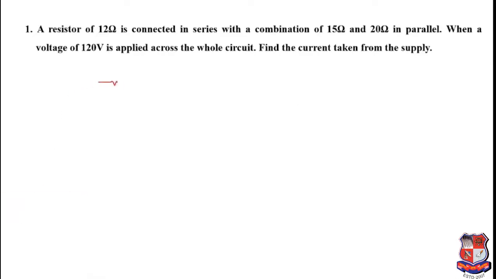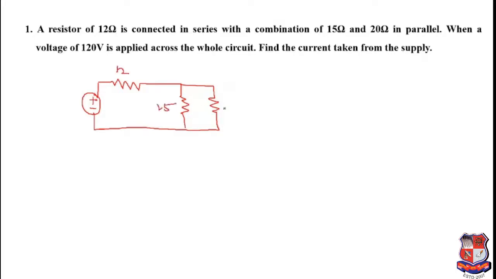There is a 12 ohm resistance connected in series with 15 ohm and 20 ohm in parallel, following the given sentence, connected to a source of 120 volts. So this is 12, this is 15, and this is 20, and you are asked to find the current taken from the supply.